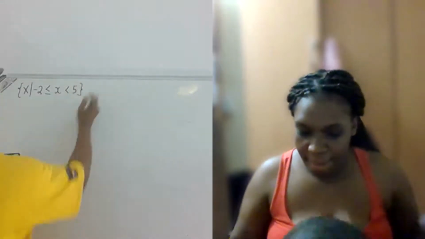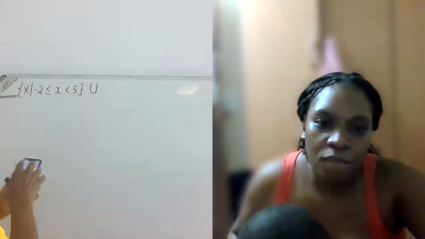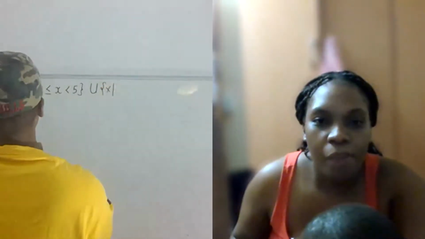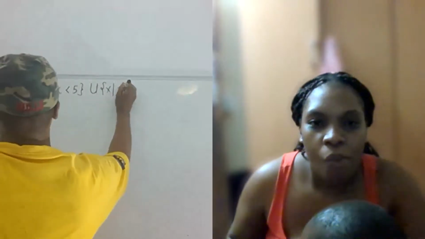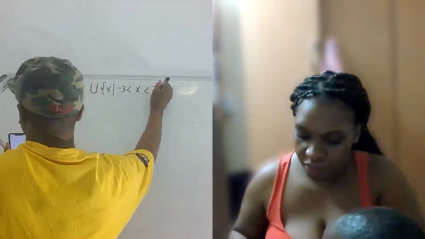They say union. Remember, union means you put them together. Union, together: X are elements of -3 less than X less than 7.